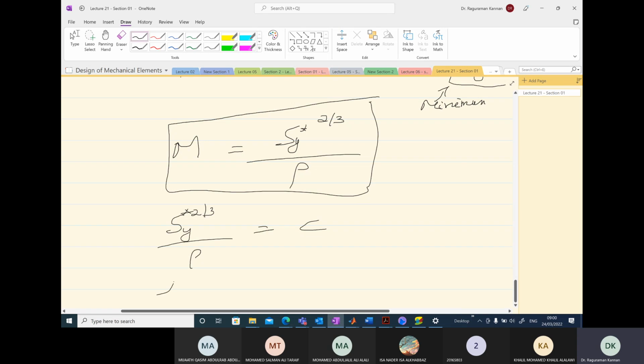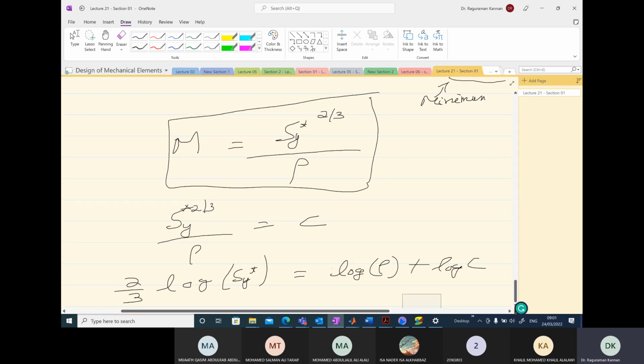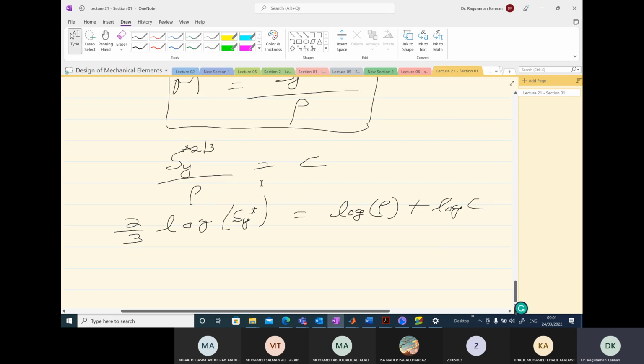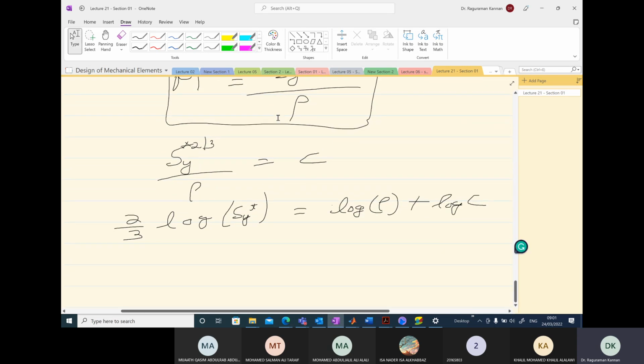Take log base 10 on both sides and we get log of yield strength to the 2/3 is equal to log rho plus log C. You can multiply by 3/2 all throughout.